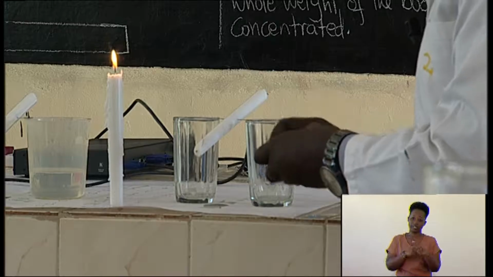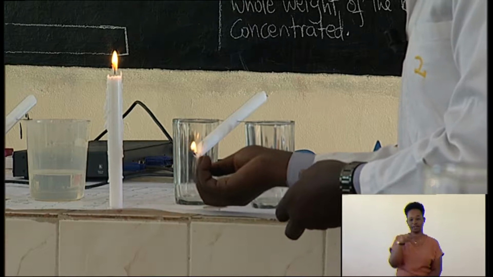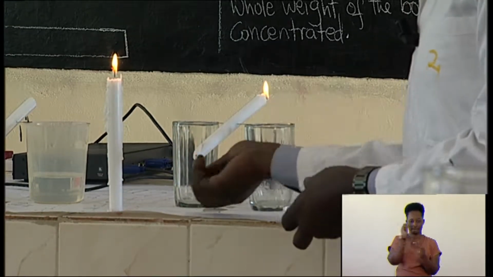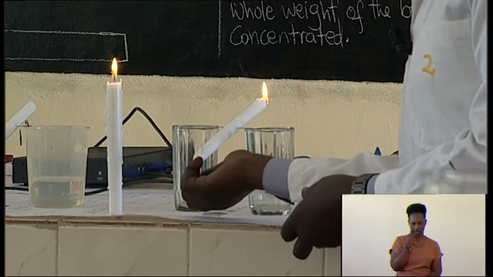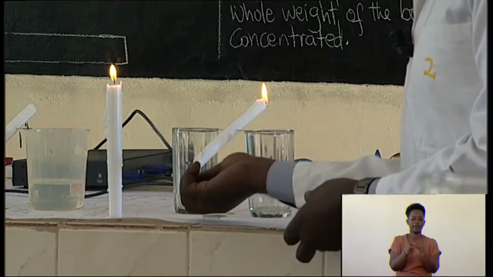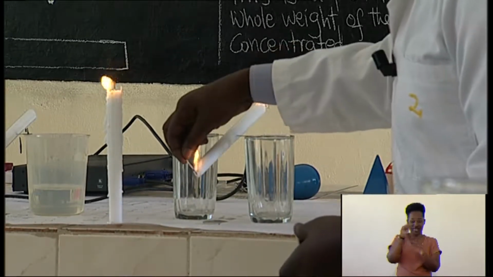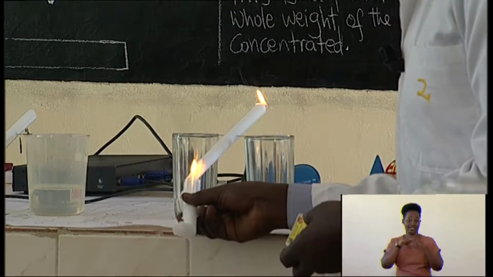So what I'm going to do, I'm going to set the candle on fire. I'm going to begin burning them. And throughout this lesson, we will observe what will happen to the candle. Remember, we are starting with the candle in equilibrium. Okay? We are starting with the candles in equilibrium.